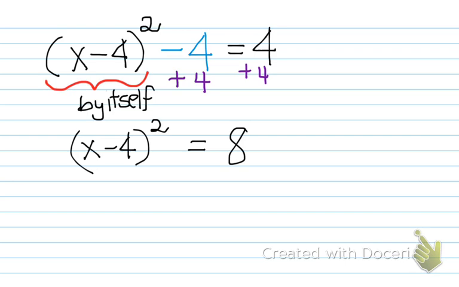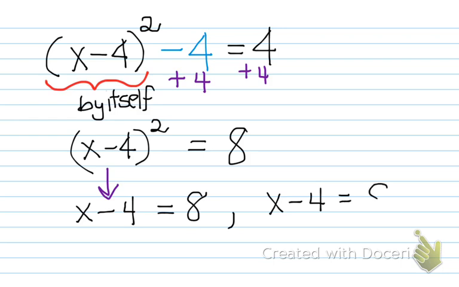Once it's by itself, we copy the numbers inside of the parentheses and the numbers outside of the parentheses two times. We write x minus 4 without the squared equals 8. And then we copy the x minus 4 equals 8 two times.